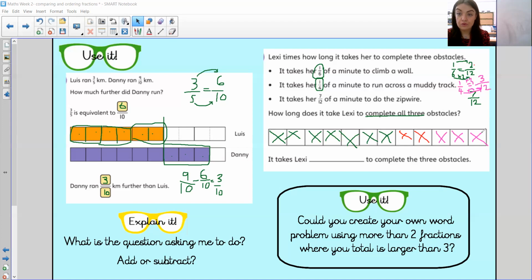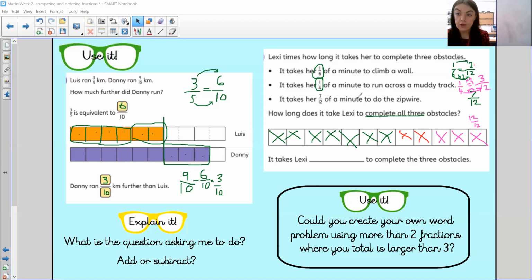Have a look. 2/12, 7/12, and 3/12 actually gives me the answer 12/12 of a minute. Because this is 1/6 of a minute, this is 1/4 of a minute, this is 7/12 of a minute.